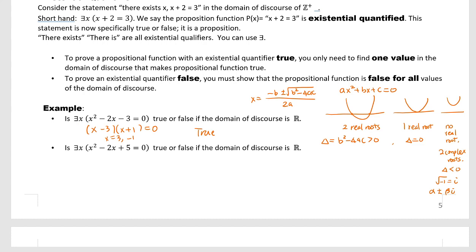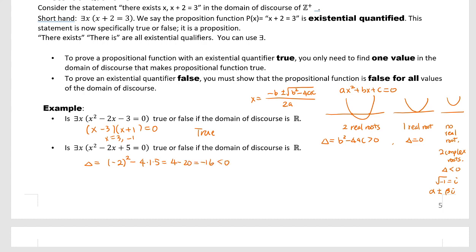Okay, next, can we factor it? I don't think so. 5 and 1 won't give us 2. So let's check the discriminant. It's b squared minus 4ac. b is minus 2, so minus 2 squared minus 4, a is 1, c is 5. 2 squared is 4. 4 minus 4 times 5, which is 20, gives negative 16.